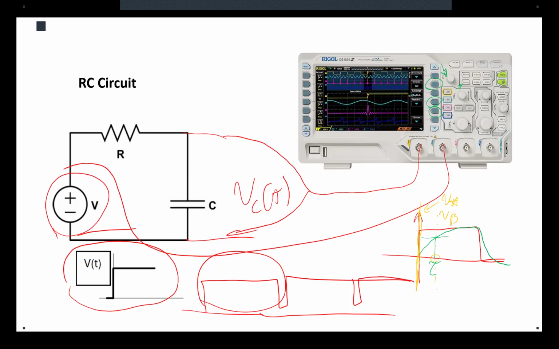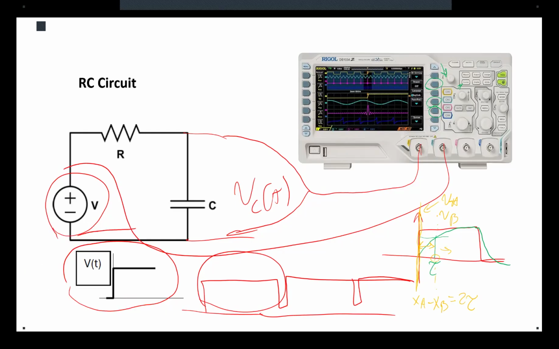For example, if you wanted to measure the value of the voltage at time equal to 2 tau, you are going to move this all the way until the value of x of A minus x of B, which is this distance, is equal to, for example, 2 tau. Are we good?